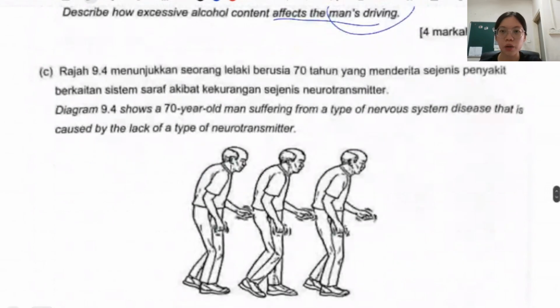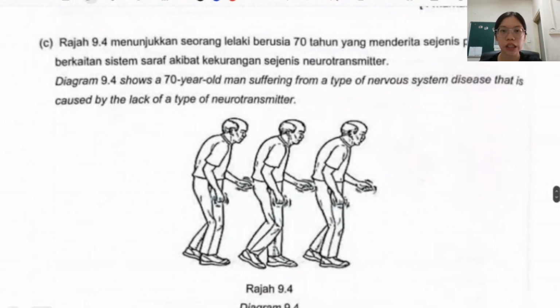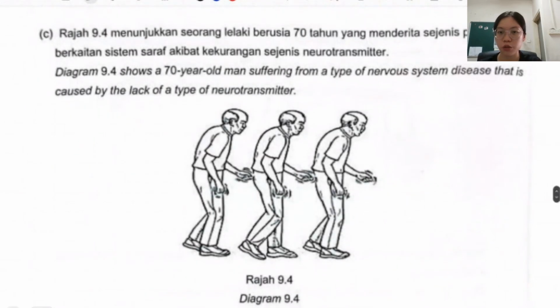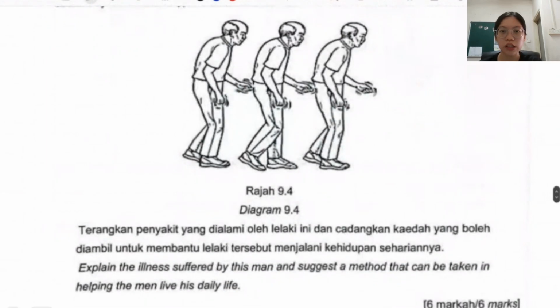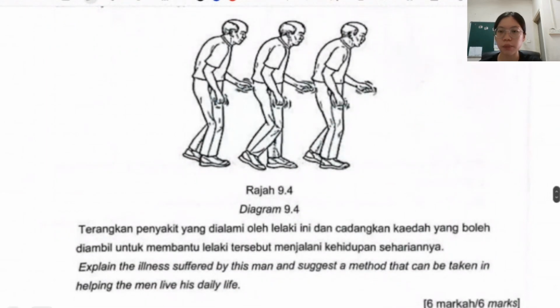You can't control yourself well. And for this one, it's talking about lack of a type of neurotransmitter. Illness suffered by this man and suggest a method that can be taken to help the man. So first of all, you state what the illness is. Then you elaborate on what this guy is experiencing, and why he is having this illness.